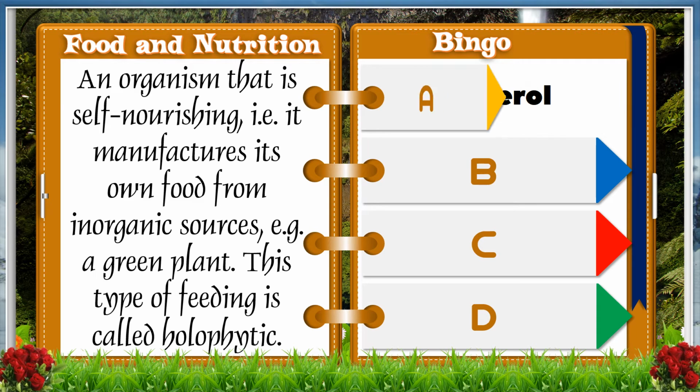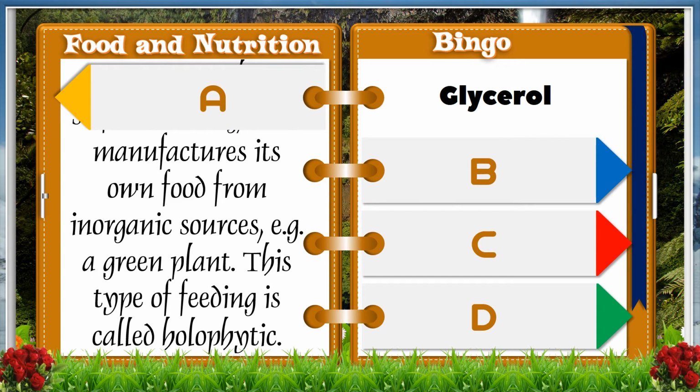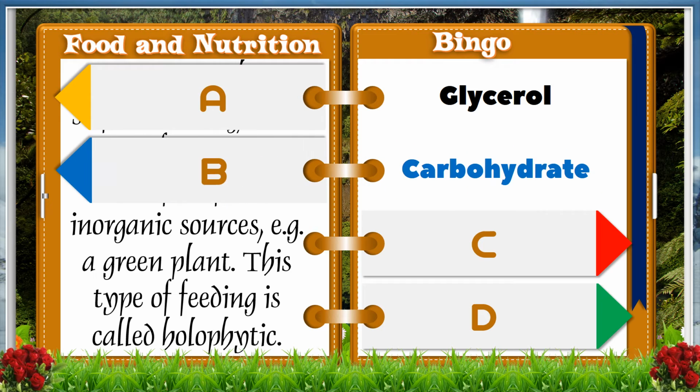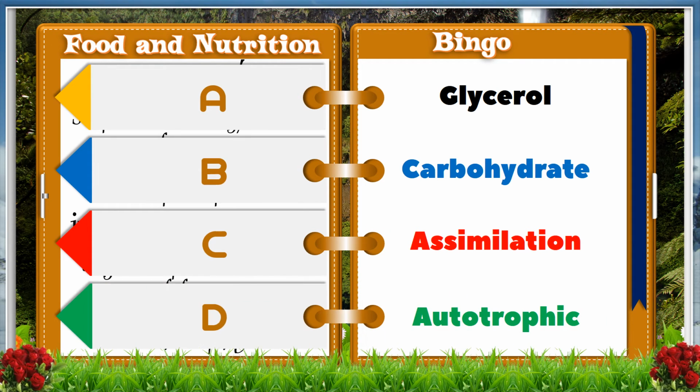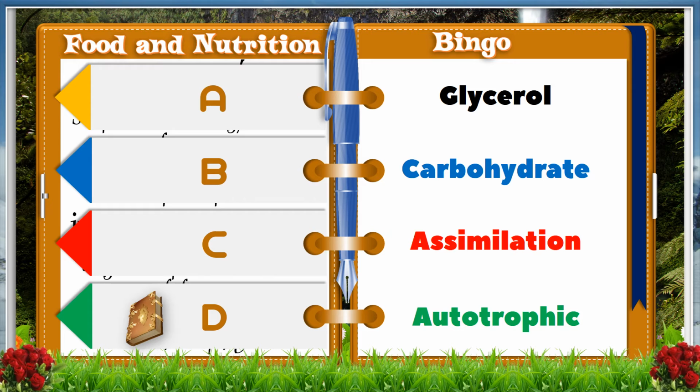Option A, glycerol. Option B, carbohydrate. Option C, assimilation. Option D, autotrophic. And the answer is D, autotrophic.